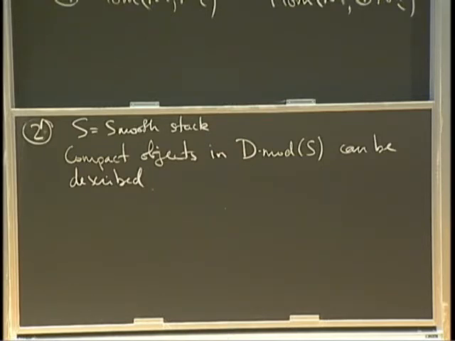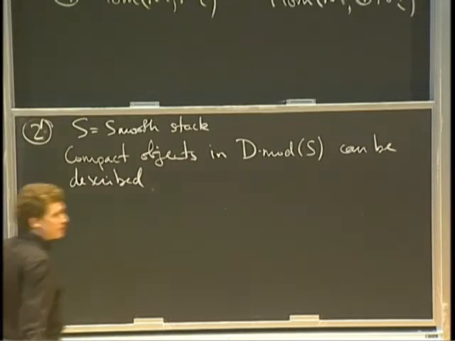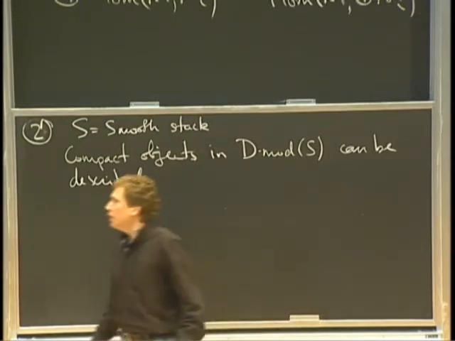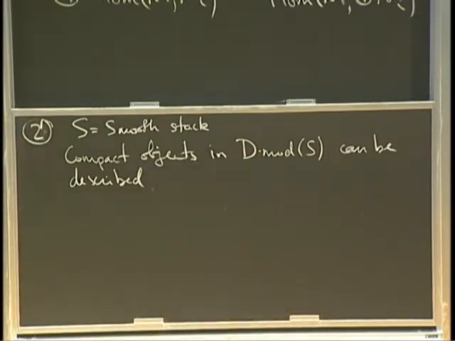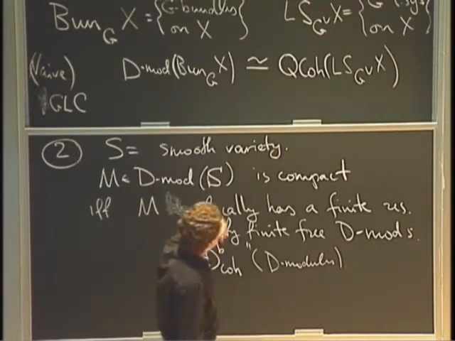There, the compactness condition is slightly more restrictive, but it's still possible to write an explicit answer. Okay, now that all this is on the board, I can precisely state what's wrong with this would-be equivalence.